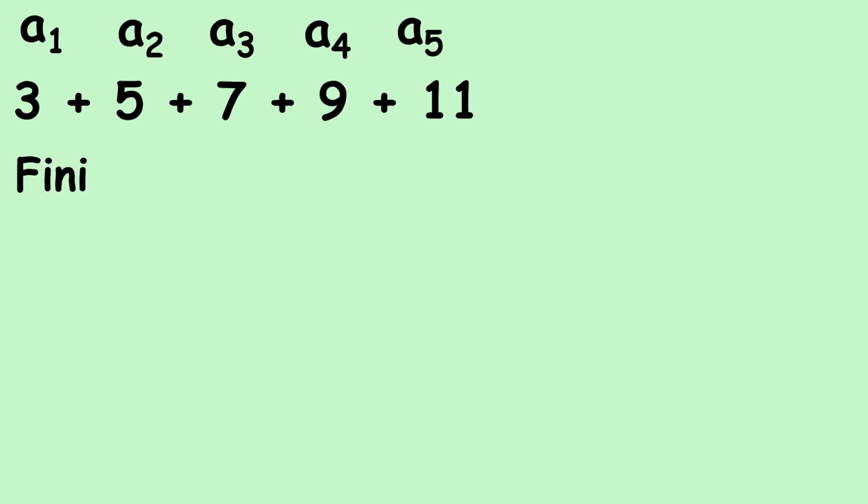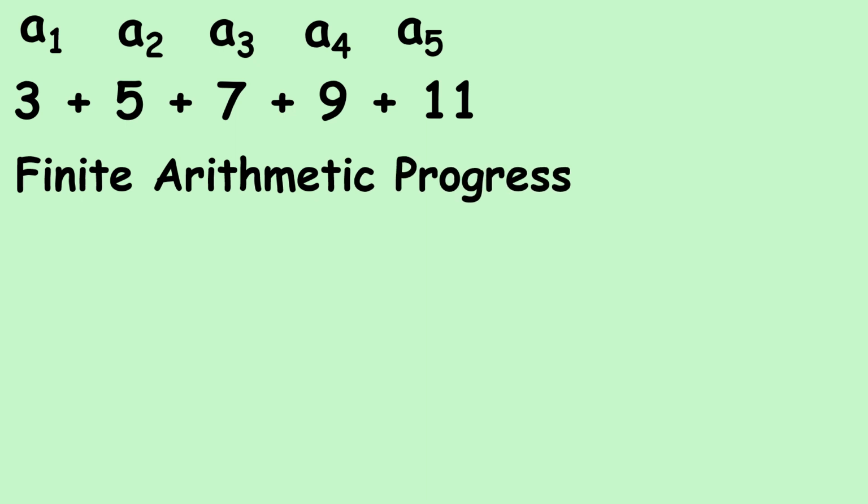So we'll look at these same numbers, 3, 5, 7, 9, and 11. But this time around, we are adding them up. So it is still an arithmetic progression, and it's still finite because we have a specific number, in this particular case 5, but we call it series.